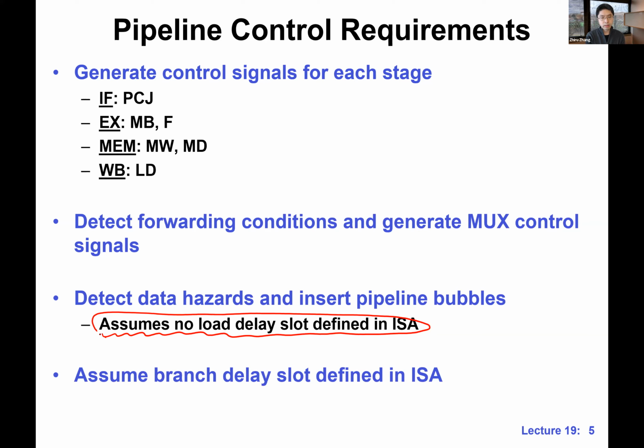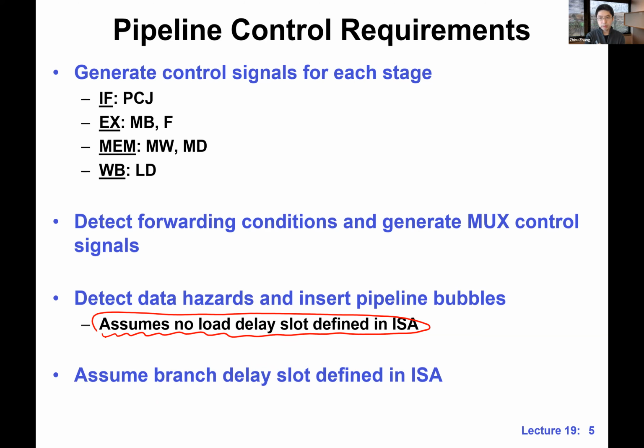What does that mean? Is there any control hazard or not if we do have a branch delay slot in our microprocessor? Do we still need to deal with control hazard? Yes or no? Again, you assume that there is a branch delay slot defined.